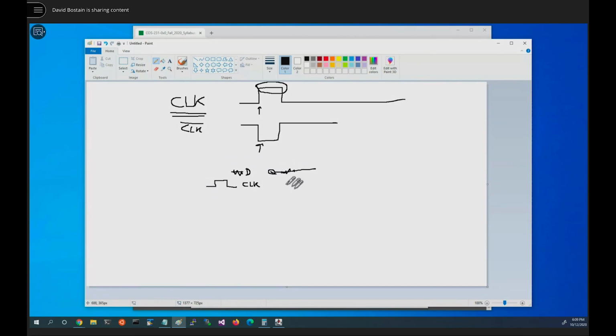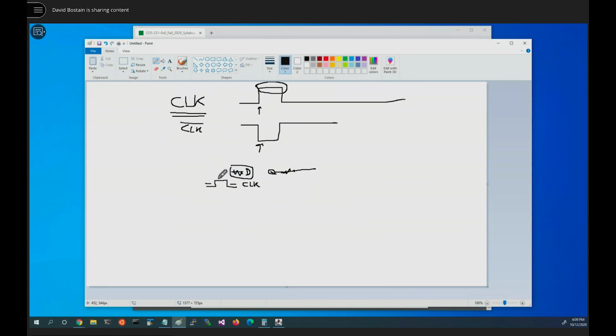So even to make a D latch, and this is a latch because it uses level clocking, to make this even remotely useful, we would want to ensure that the D signal only changed while the clock was low.